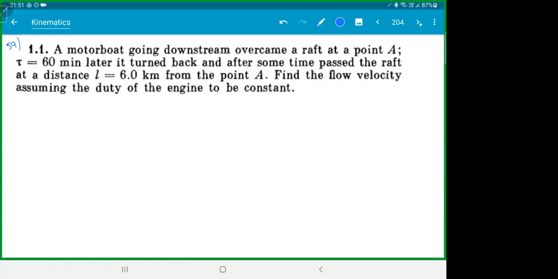Anyone not clear with the question? Please ask. Try to draw the diagram. That itself will explain the whole thing.